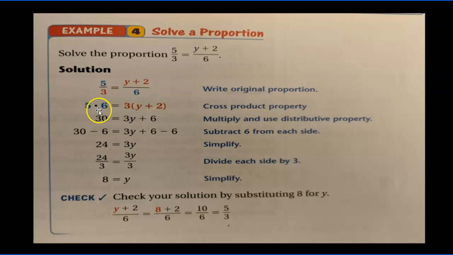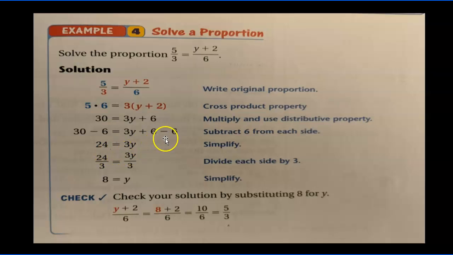So we are going to have 5 times 6, there's the first color code, blue, and 3, and let's put parentheses so that we can set it side by side. Then I'm going to distribute. Remember that property? 3 times y, 3 times 2. Then I get 30 equals 3y plus 6.